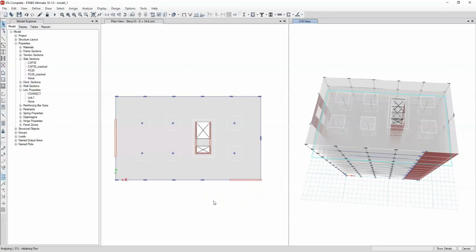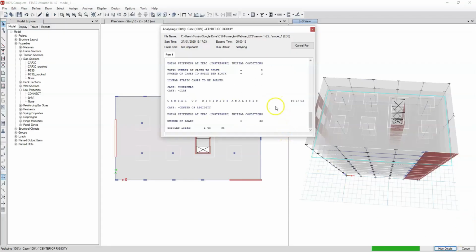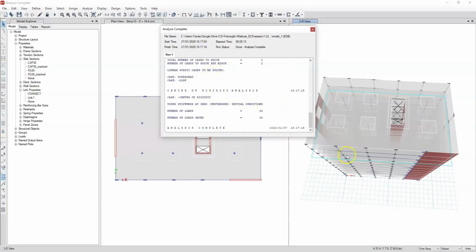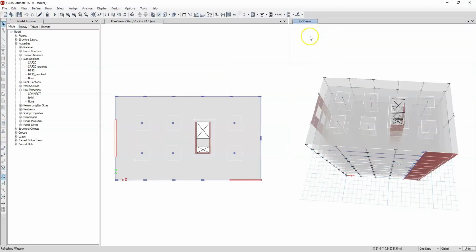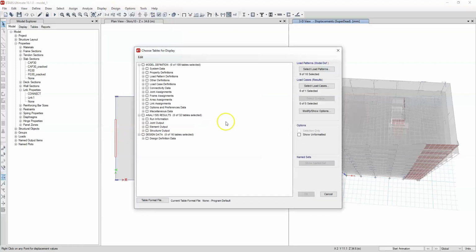At this moment, the software is running the model. And it is done. We are going to look a bit at the obtained table of centers of rigidity. We are going to choose, in the structural output, the centers of mass and rigidity table.